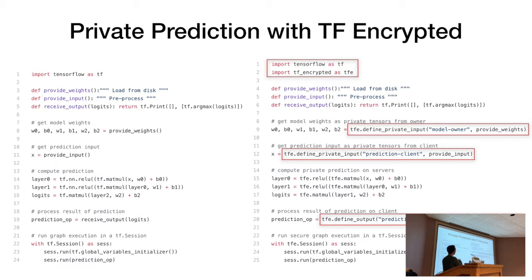And then also under the hood, TF Encrypted is running a protocol, and that protocol also points to specific devices. So those devices can also be the same IPs as my device and the other person's, or it can be two cloud servers that are going to do the computation on our behalf. But either way, the servers that you provided the protocol aren't going to see any of the information from the other devices, from these two devices, because those functions get run on the device that they're annotated with.